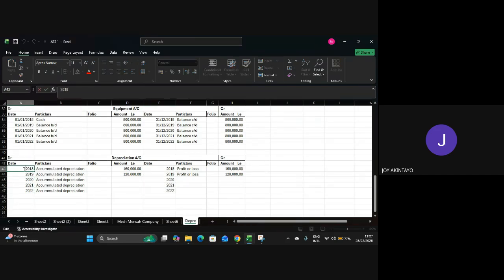Let's make this 31st and come here at the end of the period, because we calculate depreciation at the end of the period.